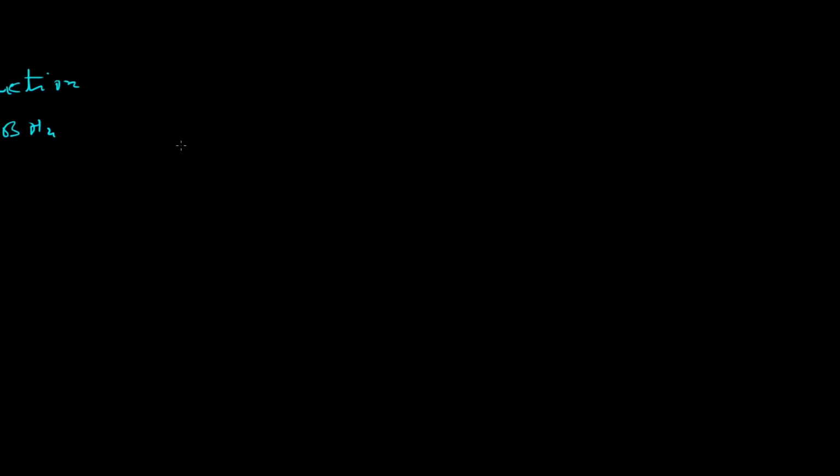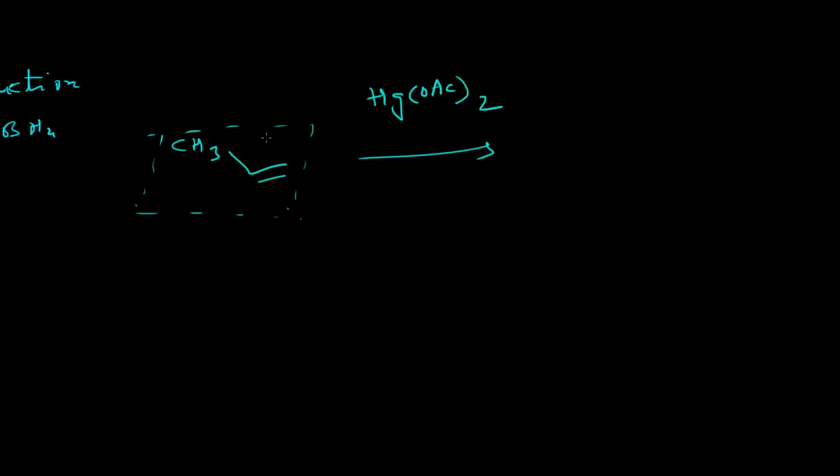If we go more closely into the stereochemical aspect of this reaction, suppose we have this alkene. This will be a planar molecule due to the sp2 hybridization of these two carbon atoms. So in the first step, that is in the oxymercuration step, the mercury can attack from either top face or the bottom face.